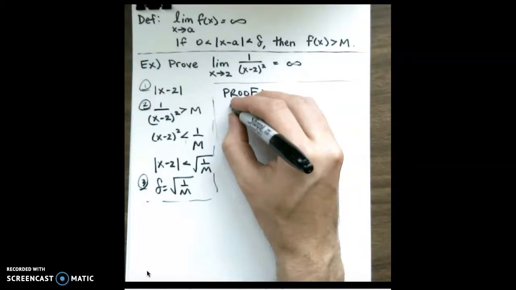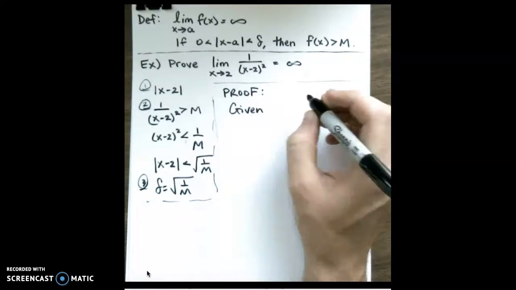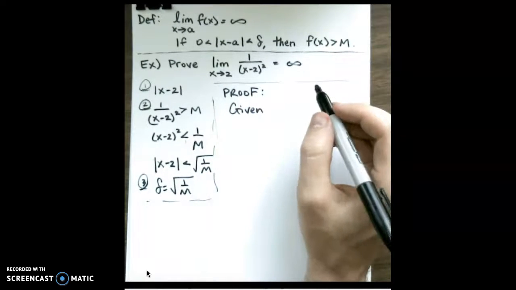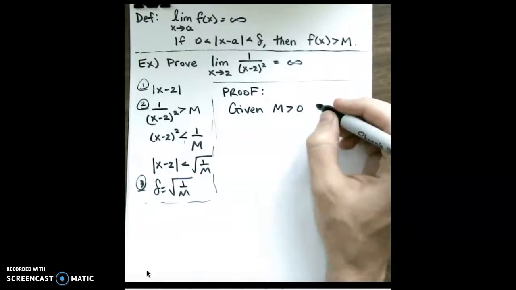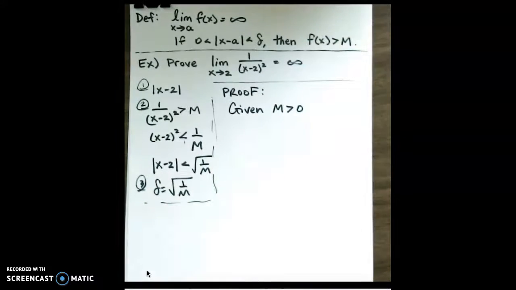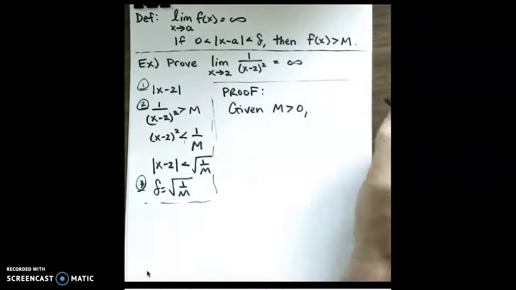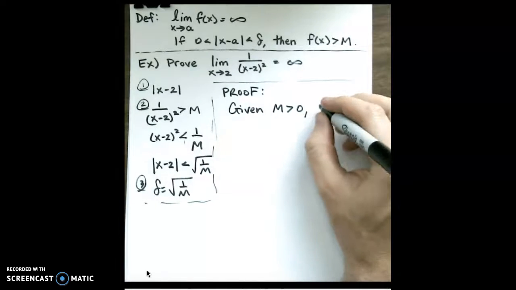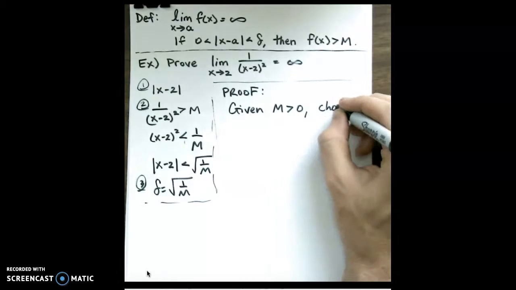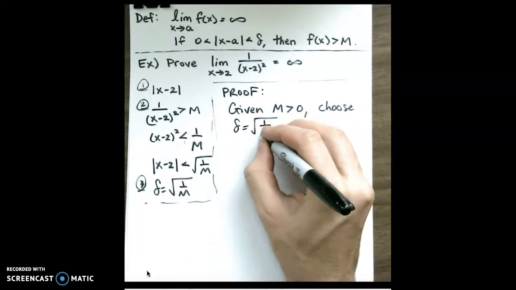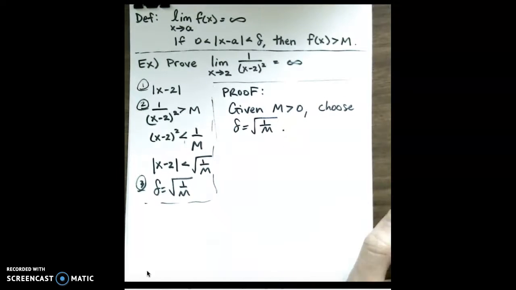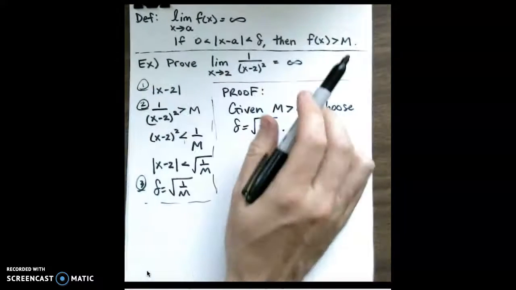Okay, so given that we're going to say m is greater than 0, because this is a very large positive number, because it's positive infinity, we're going to choose the delta that we have down here. Okay, now we're going to start our if statement and work our way to our then statement.